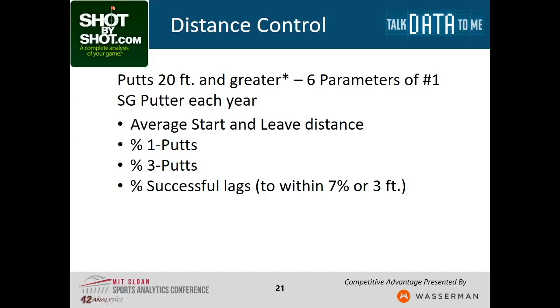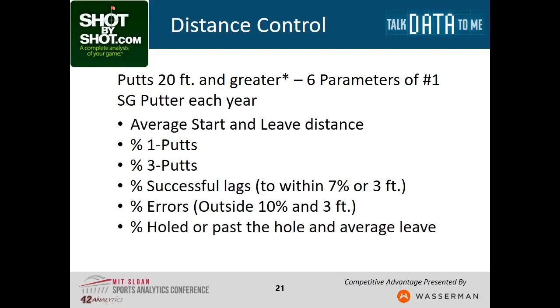Anything within 3 feet is included because they make 99% of their 3-footers. An error is any lag that doesn't get within 10% of the original distance or 3 feet. And then percentage of putts that get to the hole or past it, and the average leave. So this tends to be 33% of first putting opportunities.